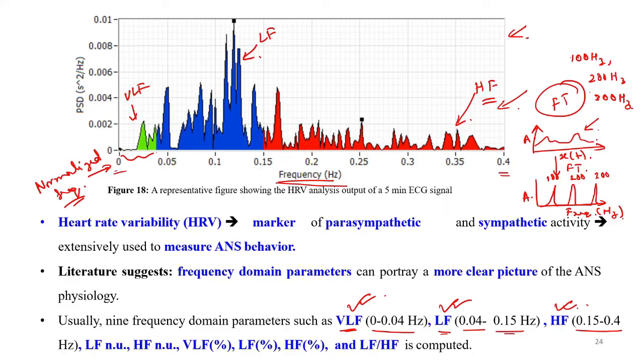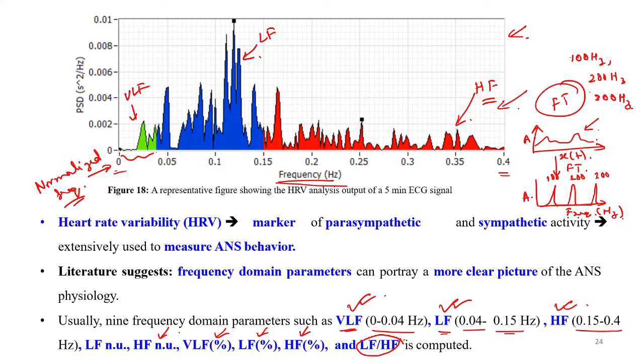Then from there we can find out LF nu, where nu is normalized unit, the LF component, that means the area under the curve of the low frequency in normalized unit fashion. Then HF nu, the normalized high frequency component. Then VLF percent, LF percent, HF percent. Then another important thing is the LF by HF ratio.